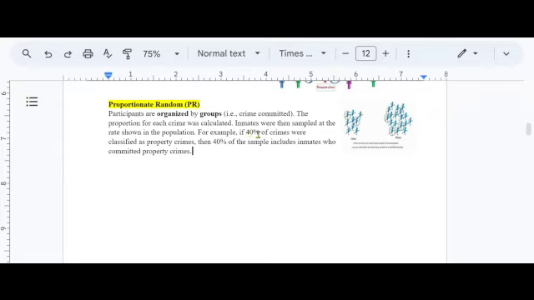For example, if 40% of crimes were classified as property crimes, then 40% of the sample includes inmates who committed property crimes. And the other 60? Killing, right? Or assault or something like that. Is this clear?